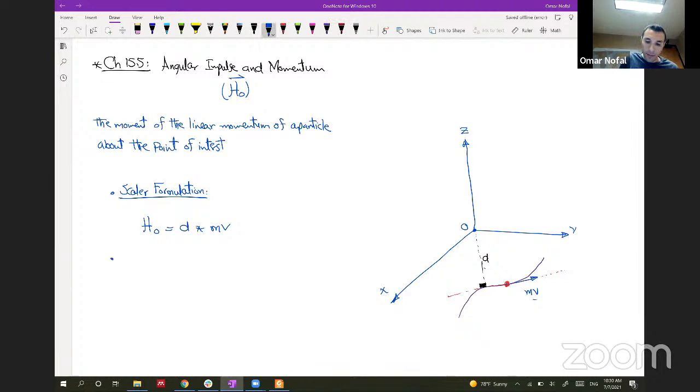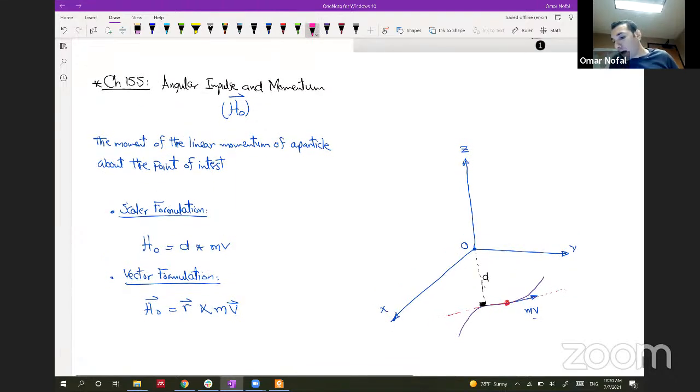If we want the vector formulation of this, the HO vector will be equal to the R vector cross product with the mv vector. We will be drawing the R vector from O to our body. So this is the R vector, and we have the mv vector. You multiply them, cross product, and it should give you the angular momentum of the body.